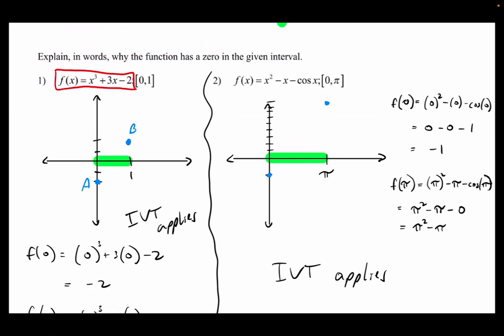Otherwise it wouldn't apply if either f of x had a continuity problem somewhere. We have to make sure it's continuous. If any of these had discontinuities, like a hole, an asymptote, a jump, those kinds of things, then it wouldn't apply.